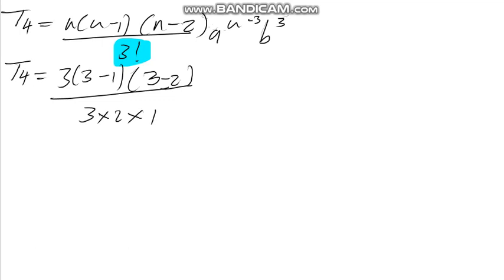Then your a is equal to 2x to the power 3 minus 3. The reason why I'm saying the last one will be t4 is because of this. The moment you see 3, it must match your n.